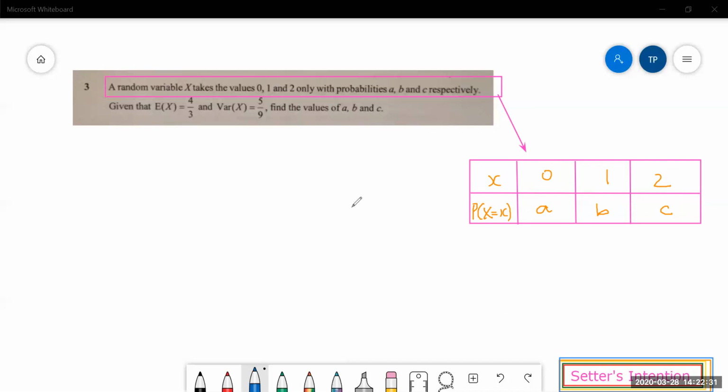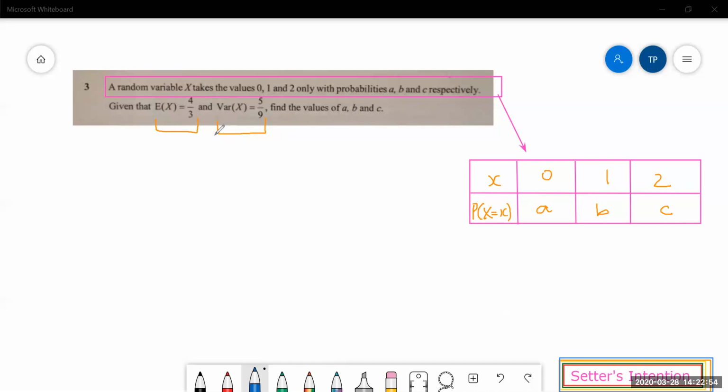Okay. So given that expectation of X is equal to 4/3 and variance of X equals 5/9, I will ask myself, why did they give me this? I have 3 variables and then they give me these 2 hints.